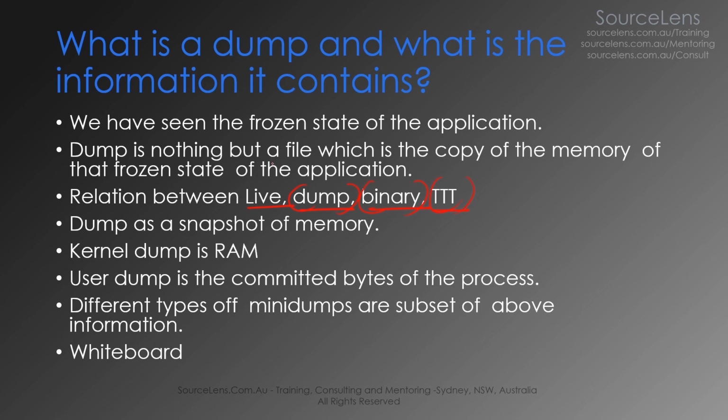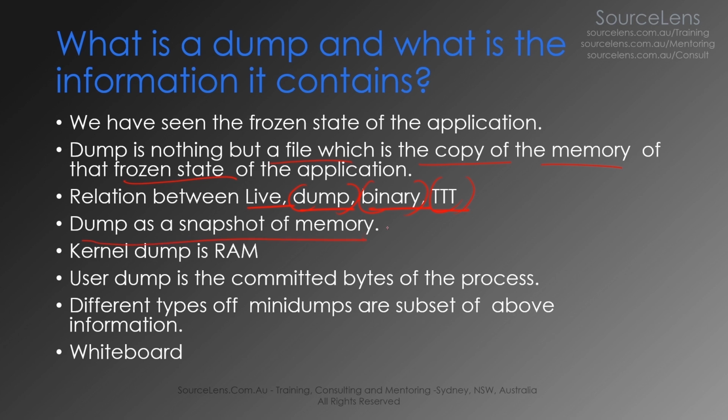So a dump is nothing but a file which is a copy of the memory of a frozen state of the application or kernel. Whenever I say application or program, I mean either user mode or kernel mode. If there is anything different in kernel mode, I'll specifically mention that. At this point we have discussed that it's a snapshot of the memory. In user mode, it's committed bytes. In kernel mode, it's the RAM.